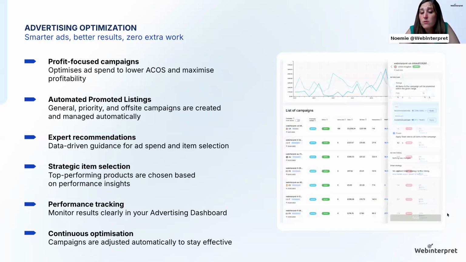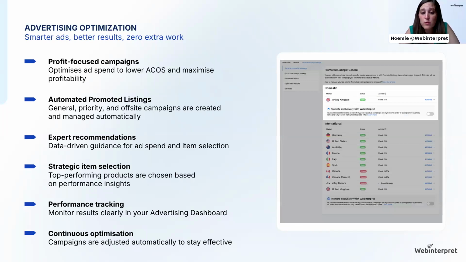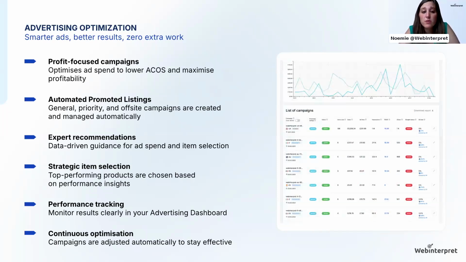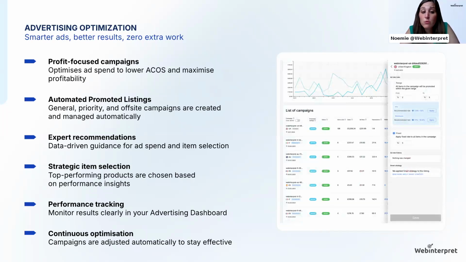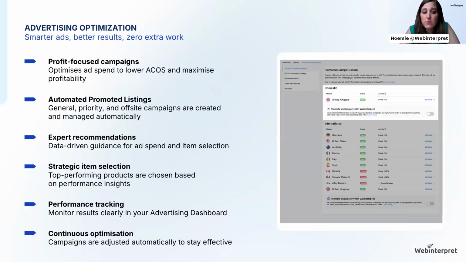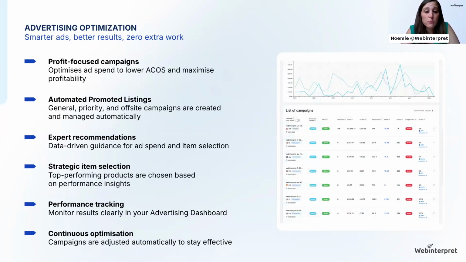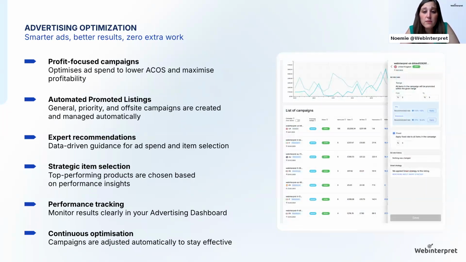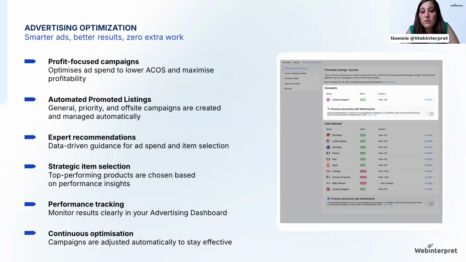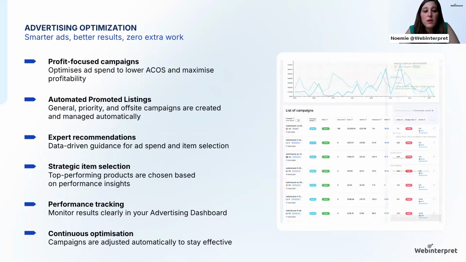You will just give us your preferences in terms of markets on which to advertise and your daily budget, and we will manage it for you. We will also completely select the items for you. The top performing products will be identified based on performance and conversion data. And thanks to that, you will not waste your budget on listings that won't convert.